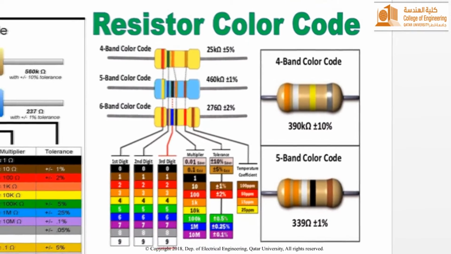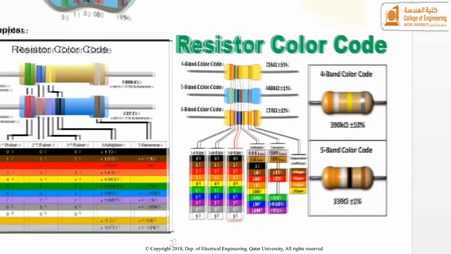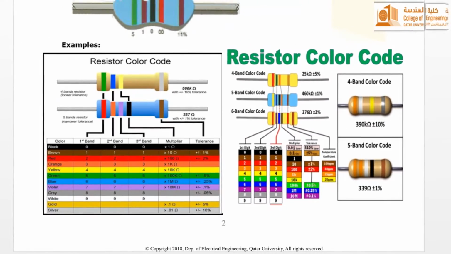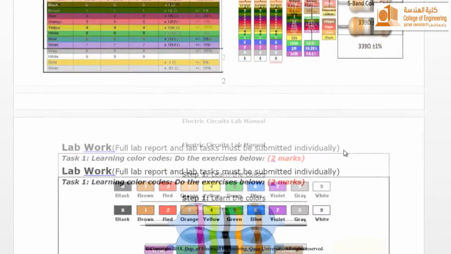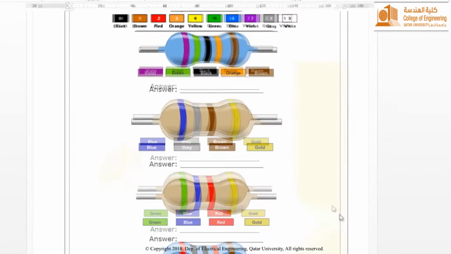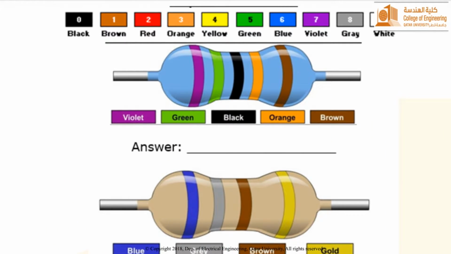After understanding all the color codes and how to get the resistor value from the color codes, let us do some examples. I'll do the first one and you're expected to do the rest on your own. So it's a 5-band color. We start from the left, the tolerance being on the right side. The first color is violet, so violet is 7.